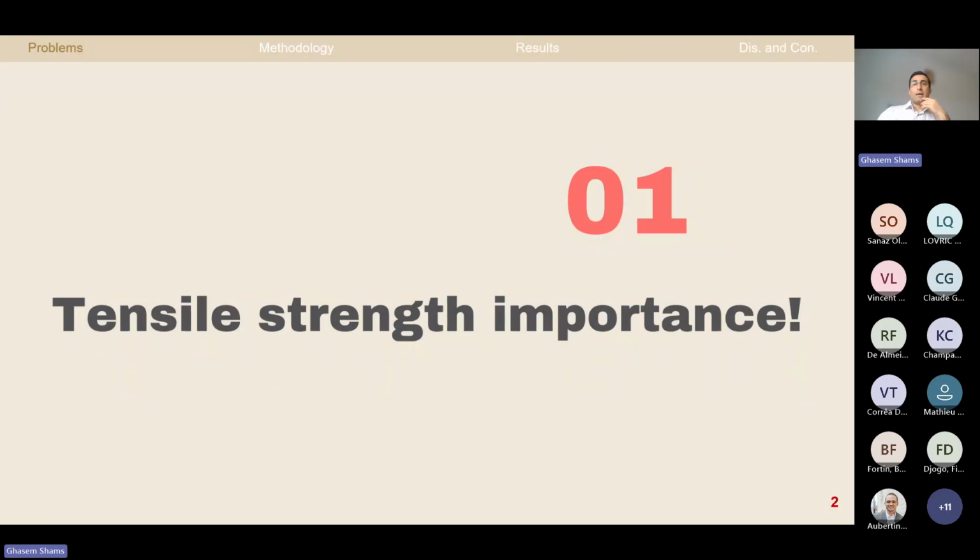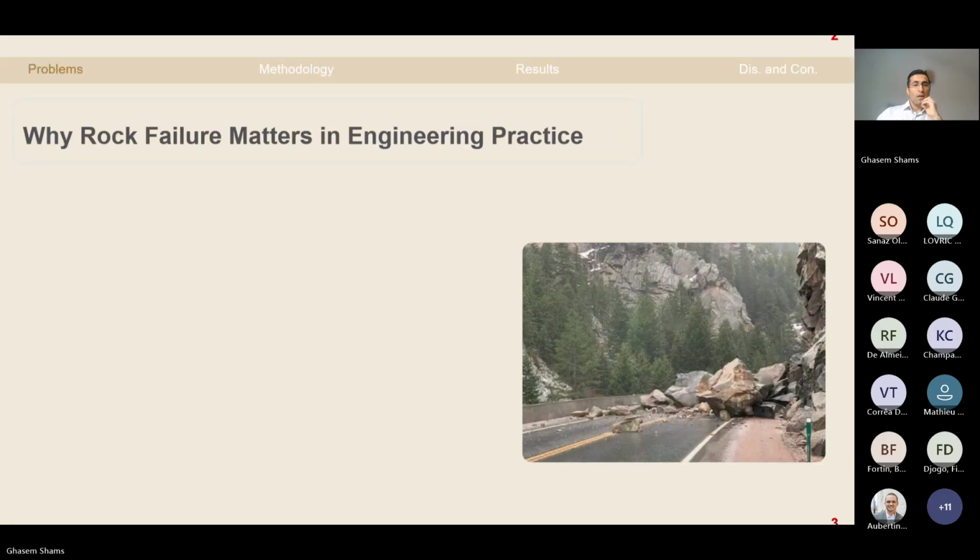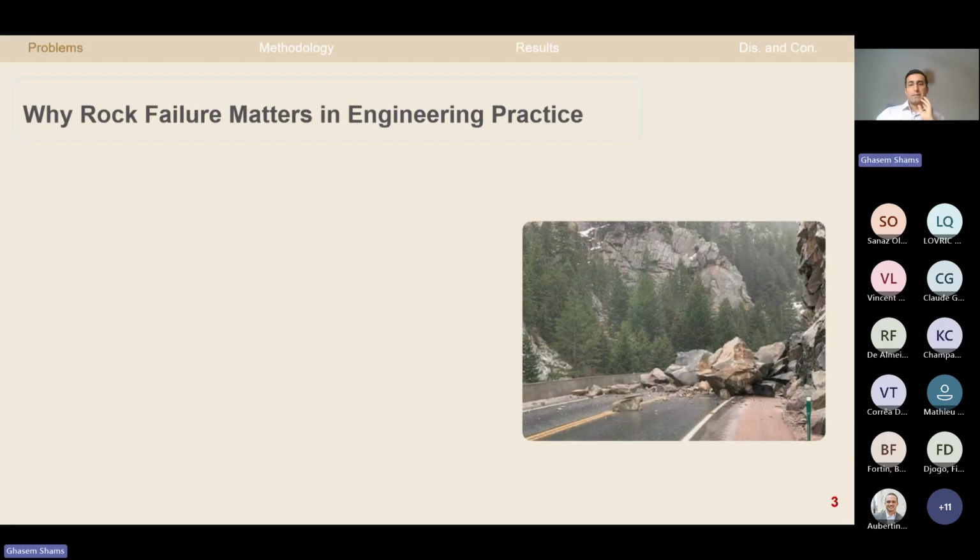The whole thing we're going to talk about is the importance of tensile strength in engineering practice. Before we dive into tensile testing, tensile fracturing, and tensile strength of materials, it's important to ground ourselves in why this topic matters so much in day-to-day geotechnical practice in rock mechanical engineering.